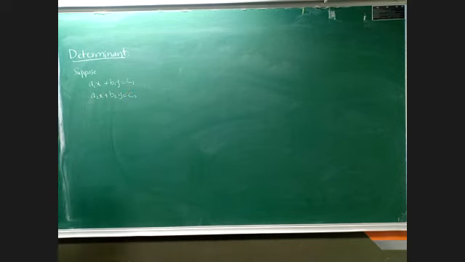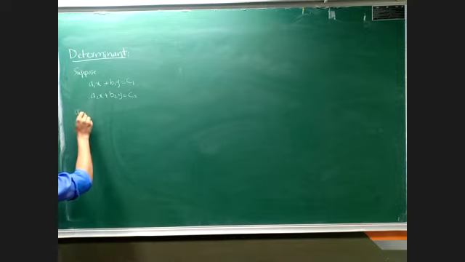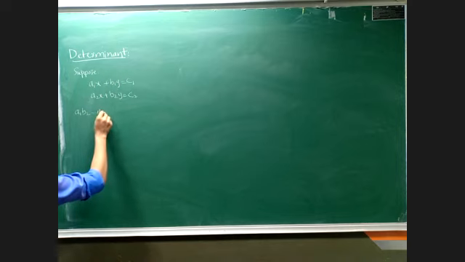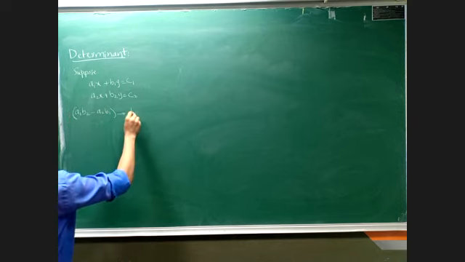So in this simultaneous equation, the value a1b2 minus a2b1, this value is called the determinant.